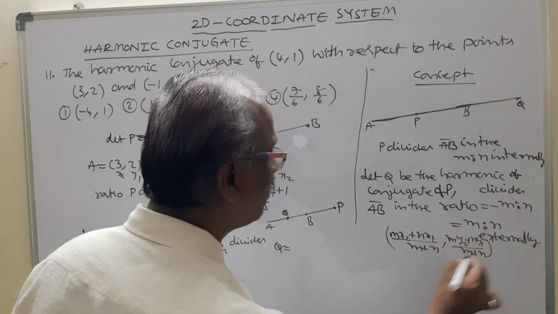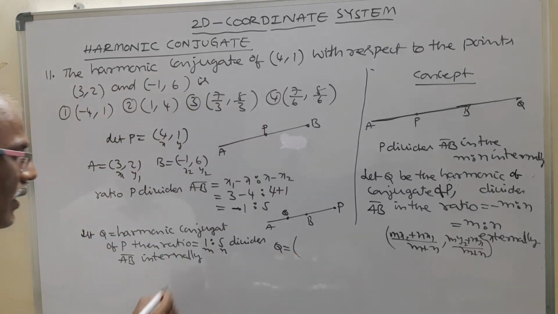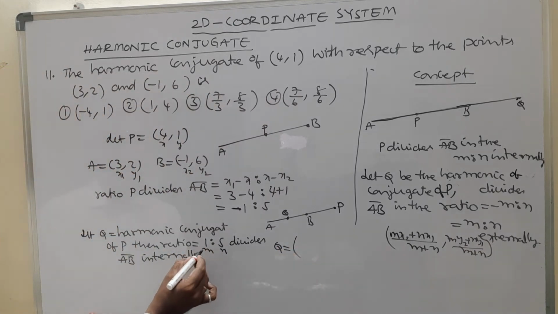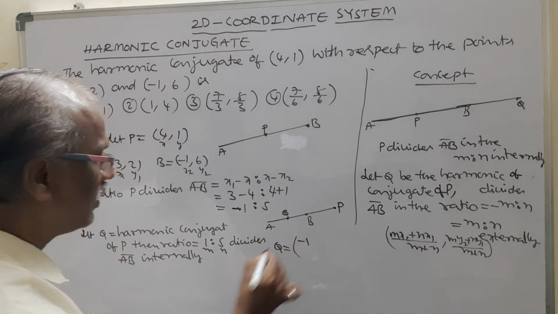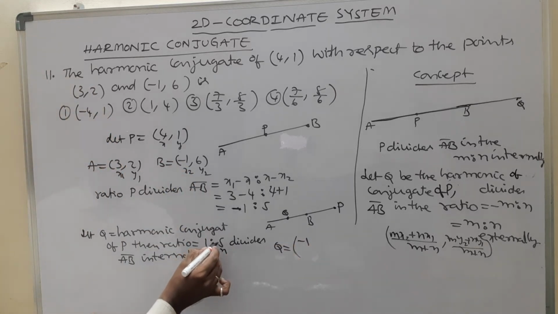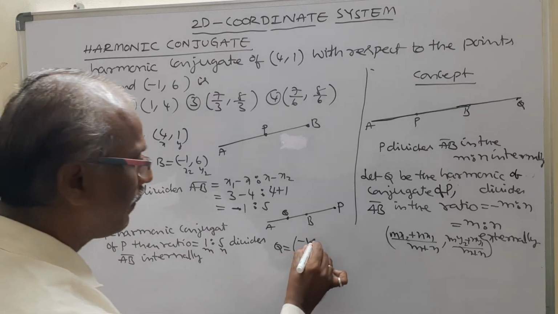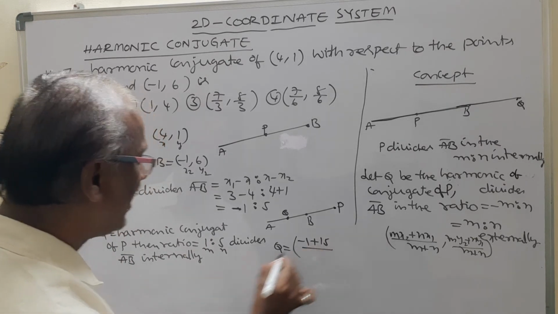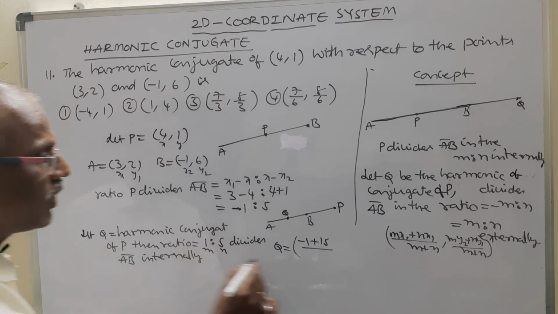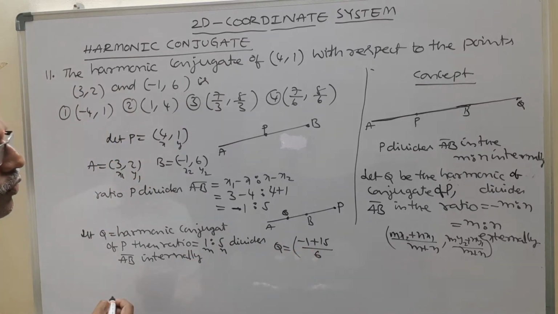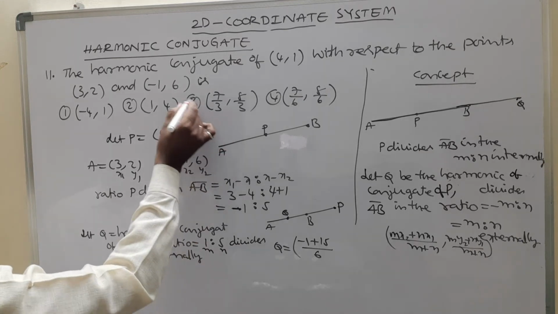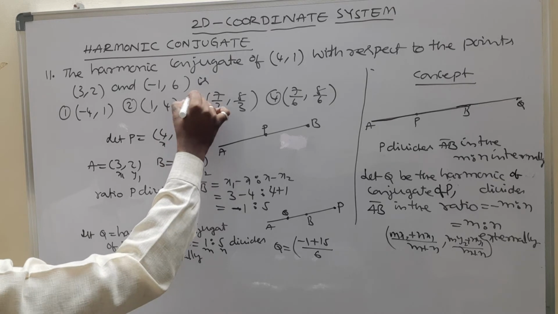Here m is equal to 1: mx2 is 1 into minus 1, n x1 is 5 into 3, 15, by m plus n, 1 plus 5, 6. So 15 minus 1 is 14 by 6, 2 7s are 14, 2 3s are 6, 7 by 3. 7 by 3 is the third option. This is the correct one.